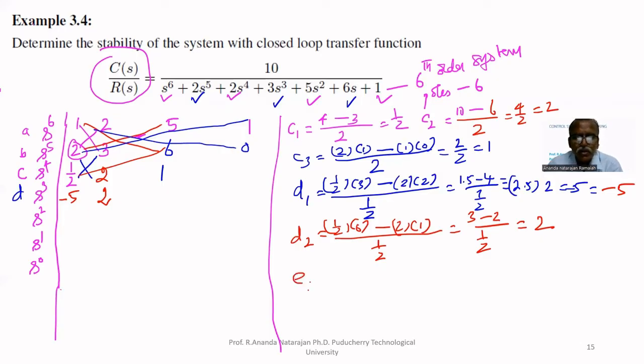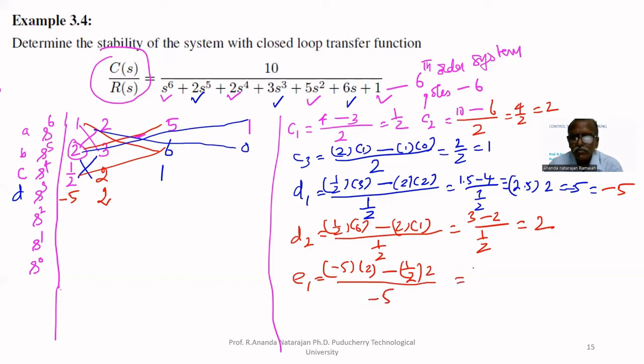Then E1 equal to (minus 5 multiplied by 2 minus 1 by 2 multiplied by 2) whole divided by minus 5.